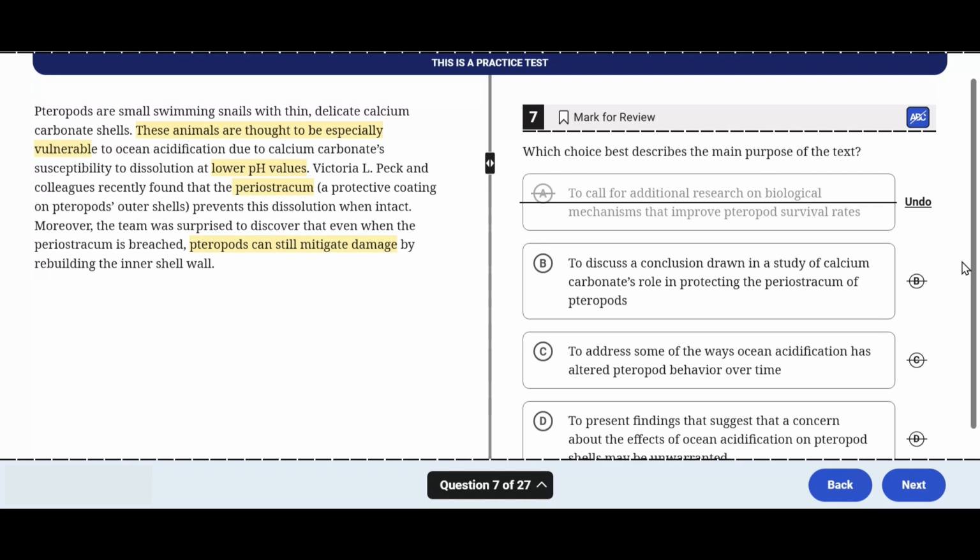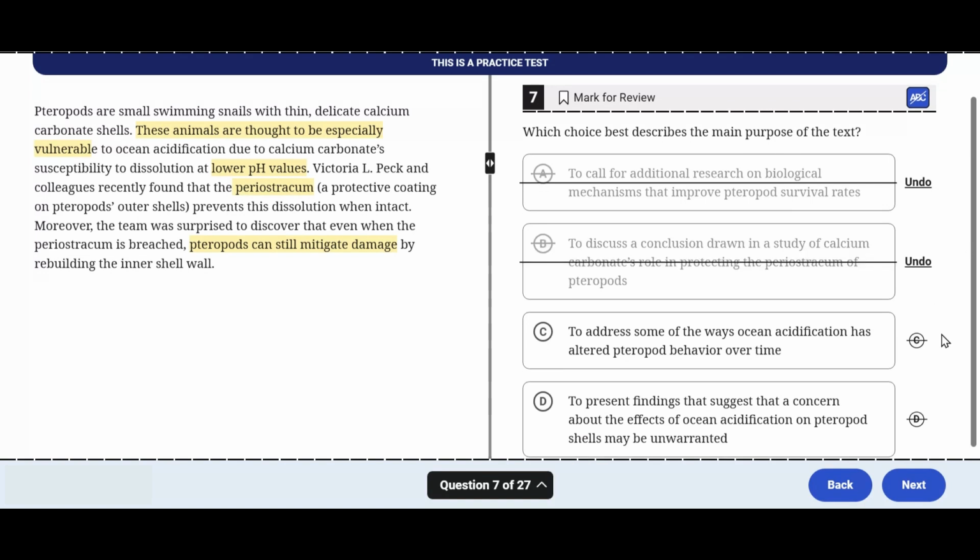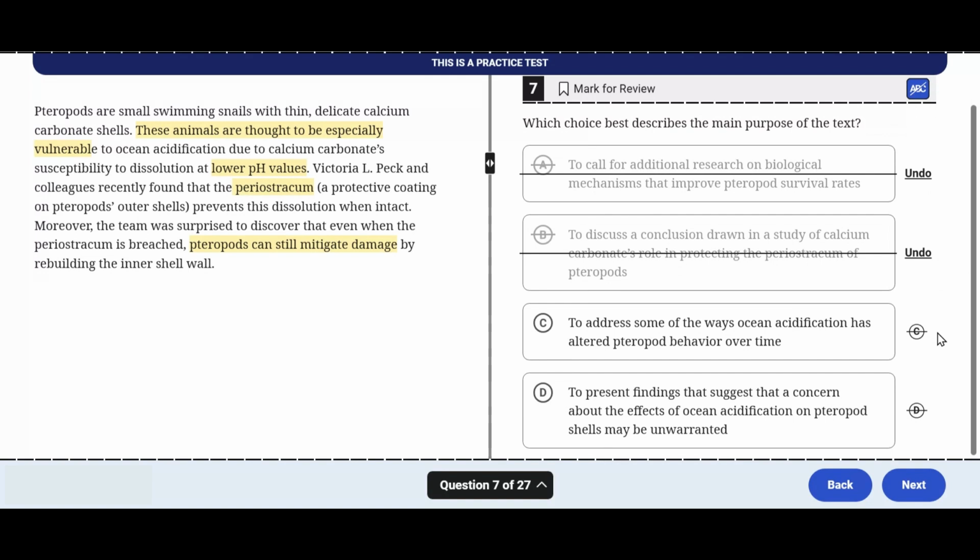It doesn't really draw a conclusion, it just talks about a discovery. To address some of the ways ocean acidification has altered pteropod behavior over time. Doesn't talk about how the behavior has been altered. It just makes a discovery that these things have always been this way.